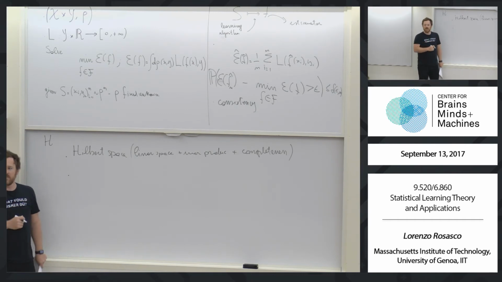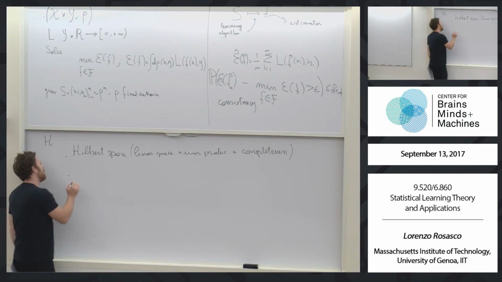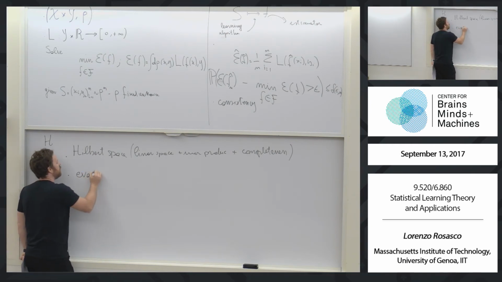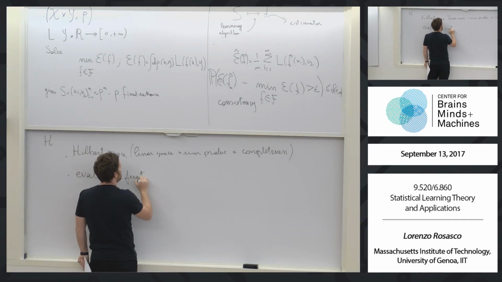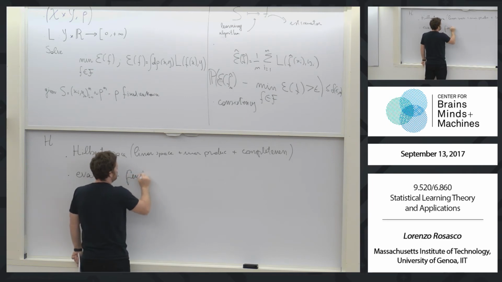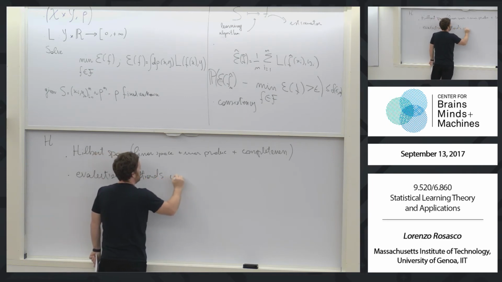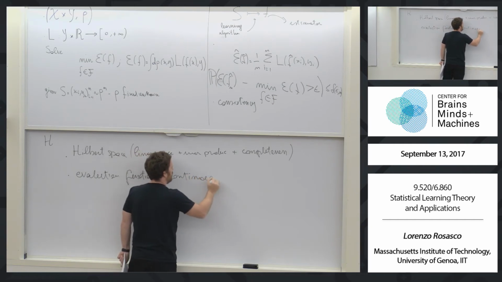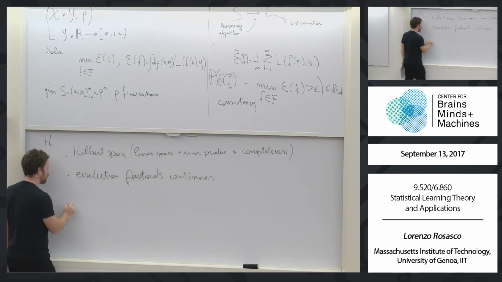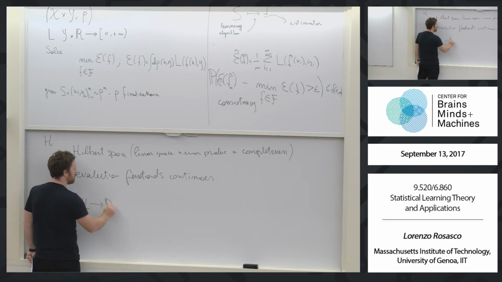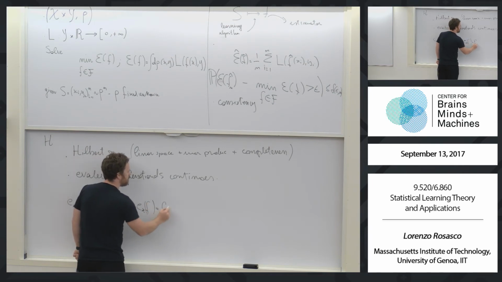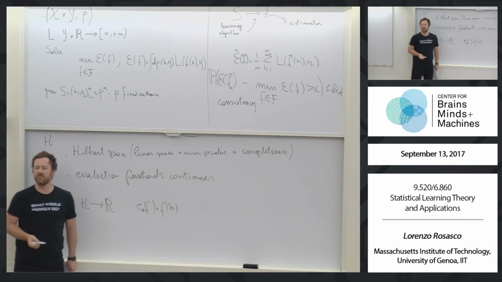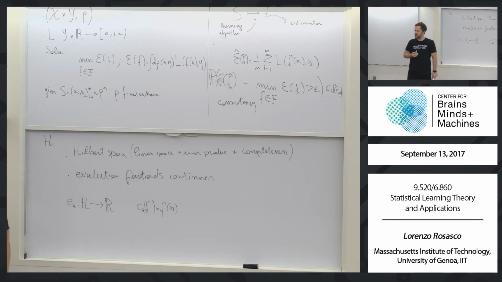This way of introducing these spaces is by far the most general one, and this is the property of having functionals continuous. It's a very abstract requirement. Basically it says, suppose you consider the map that I call e_x, that for any f in H returns f(x). It's a map that takes a function and evaluates it at the point x.